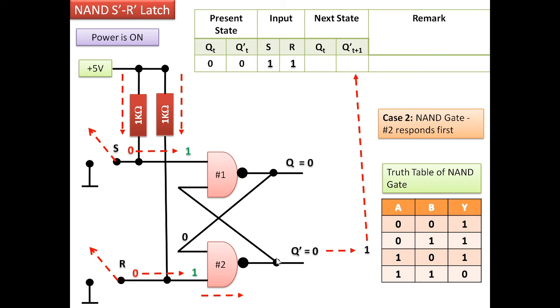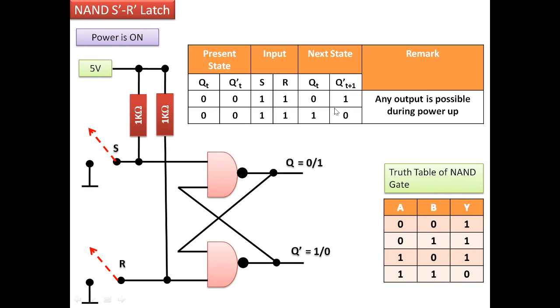So the output now changes to 1, and this 1 is now available at the input of the first NAND gate, and the output will be 0. You can also see the truth table which has been given here. This is the truth table of the NAND gate, given so that we can easily understand how this is functioning. If this situation takes place, then the output is reset.